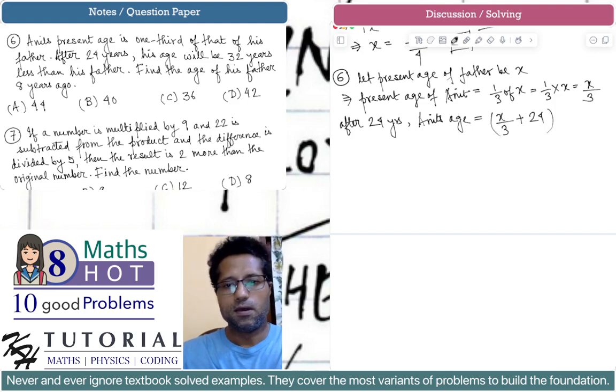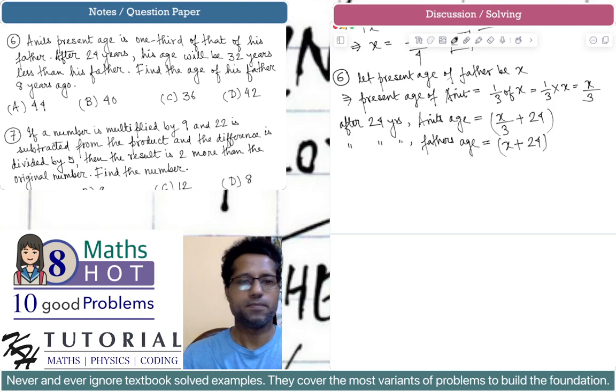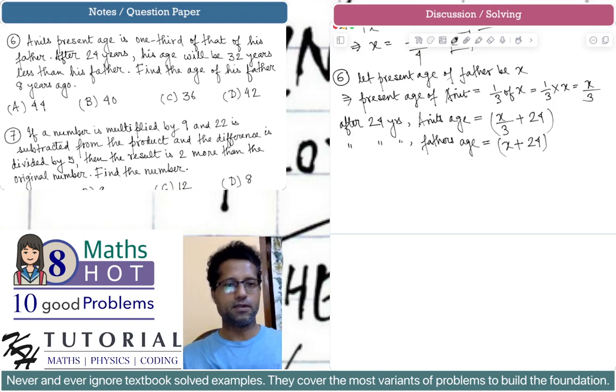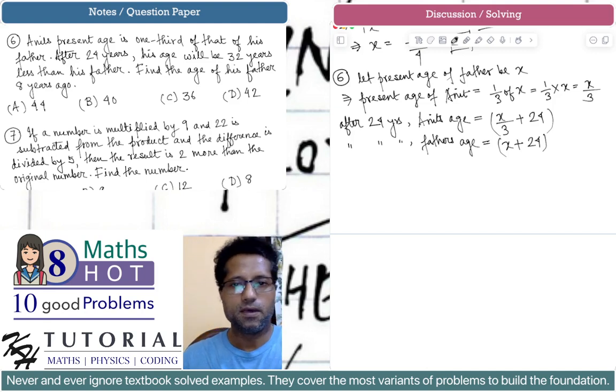Okay, after 24 years father's age will be x plus 24, since we have considered x to be the present age of father. So what is the condition given? That after 24 years his age, that is Anith's age, will be 32 years less than his father's age.